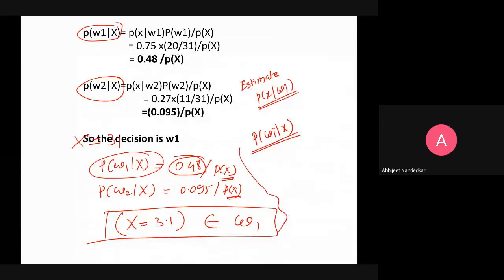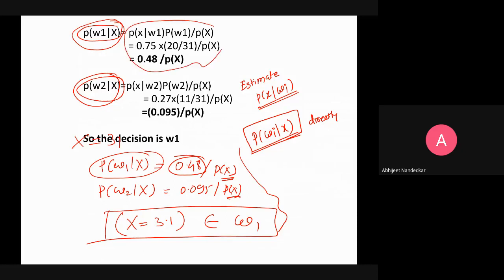Now, if it is possible to calculate this quantity directly, if I am able to calculate posterior directly, so this left hand side, I need not do all this. I am not interested in the right hand side.